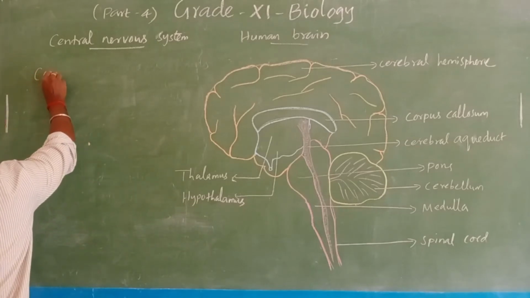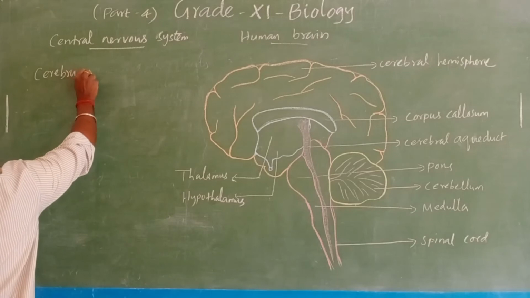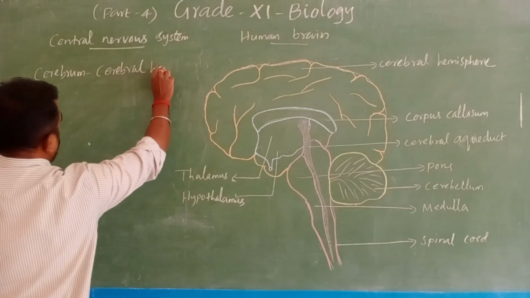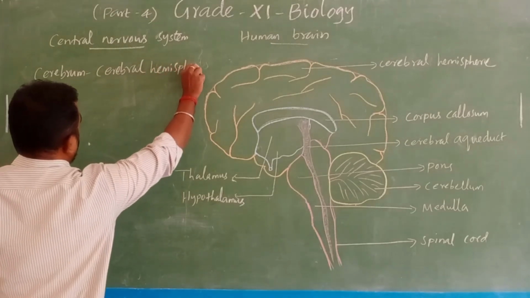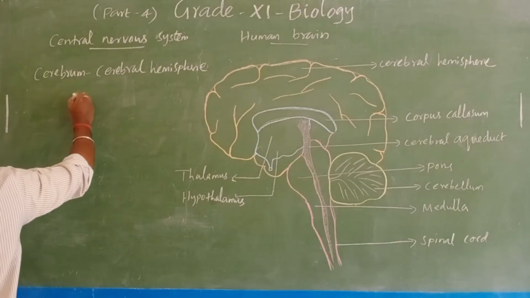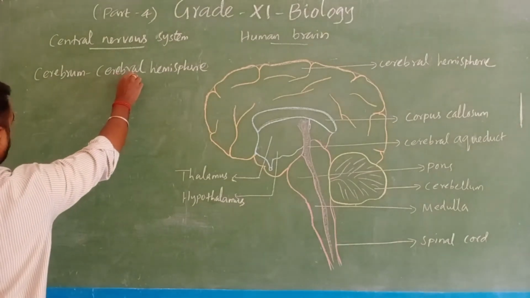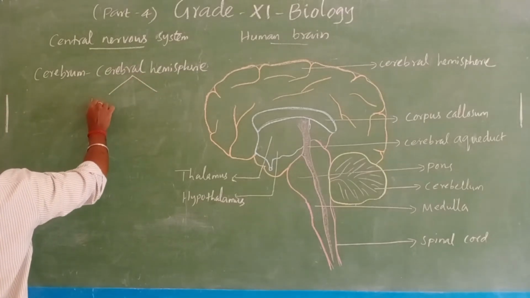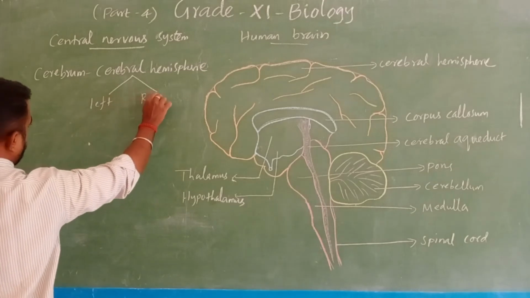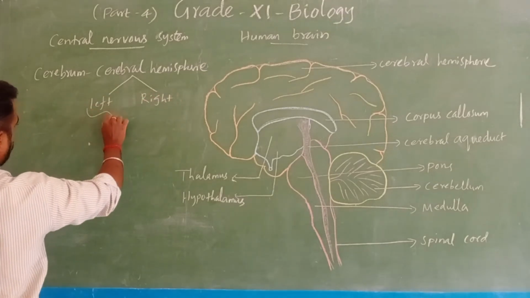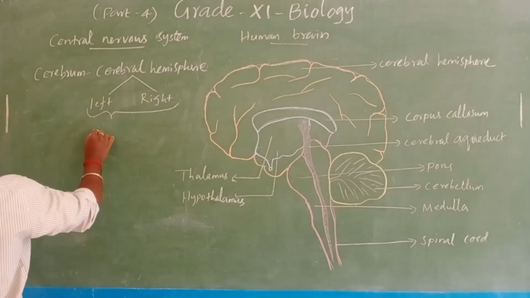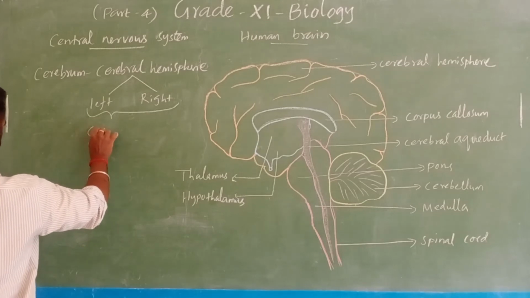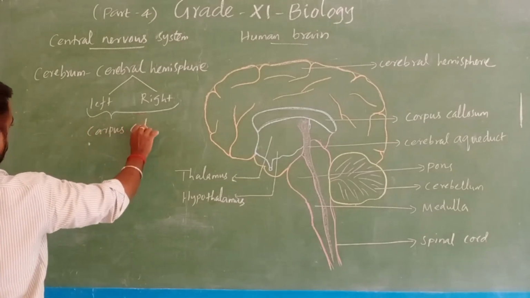Here first we will see about the cerebrum. Cerebral hemisphere: we have two things, left and right. The cerebral hemispheres are connected together by the corpus callosum.